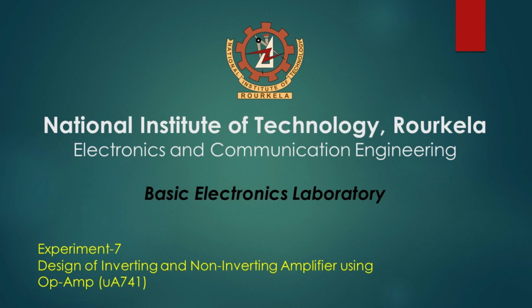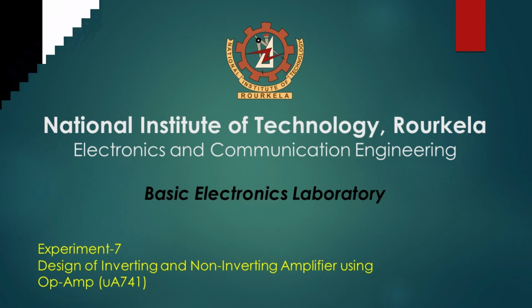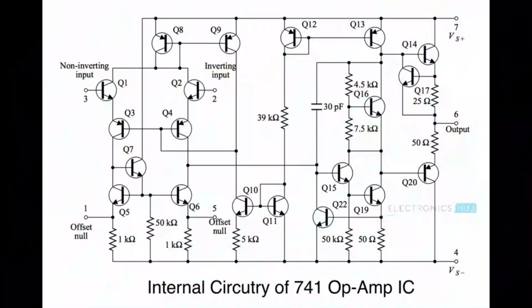Actually we can say that the introduction of op-amps revolutionized certain areas of electronics because of their small size and low cost. They drastically reduced the task of circuit design. The inside circuit of an op-amp looks like this, with many transistors and diodes interconnected, all fabricated on a single chip.